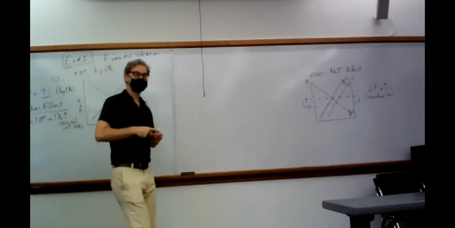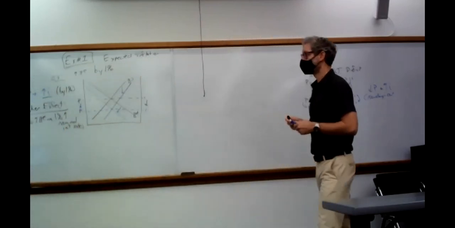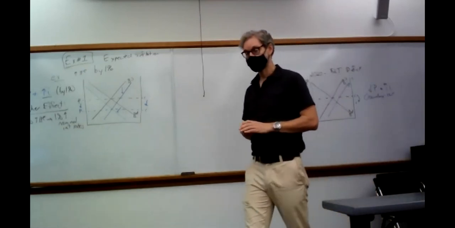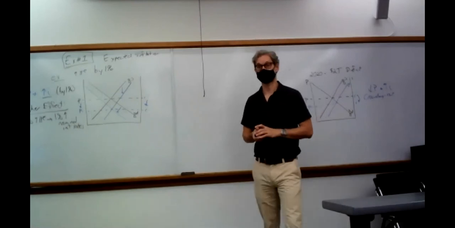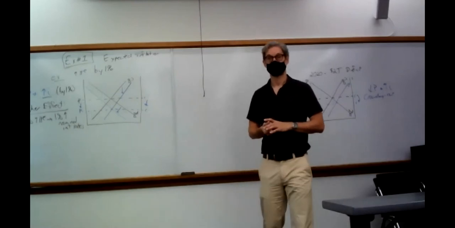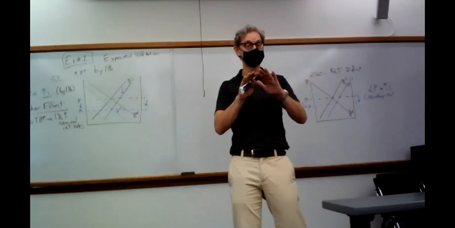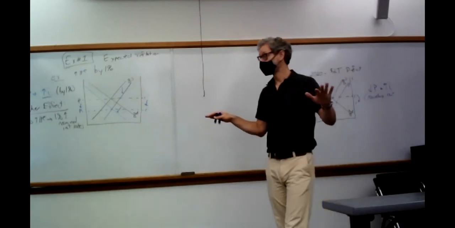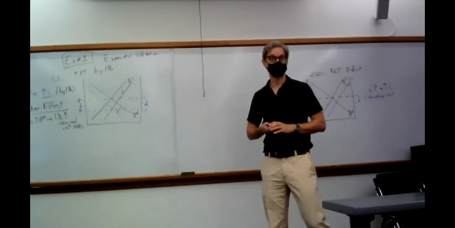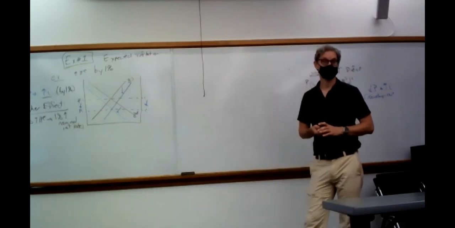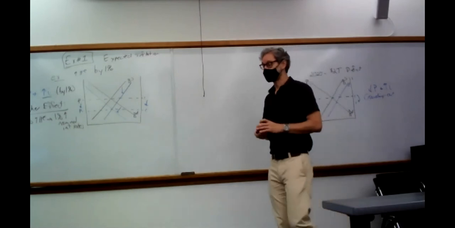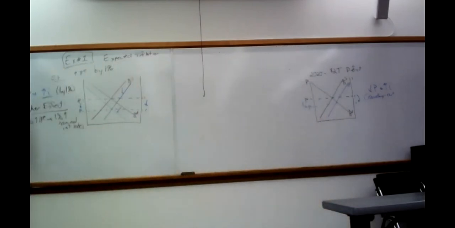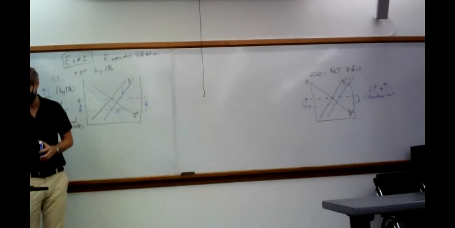So a 1% increase in expected inflation should lead to a 1% increase in nominal interest rates. In other words, what should happen to real interest rates? They should stay the same. Nominal interest rates adjust to accommodate this higher level of inflation, right? So in other words, nominal interest rates should track expected inflation very, very closely.